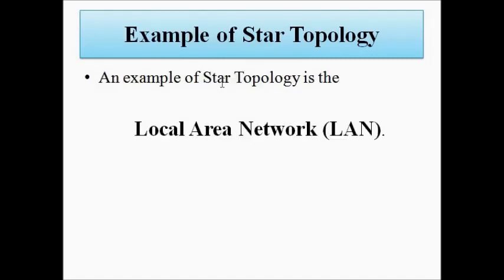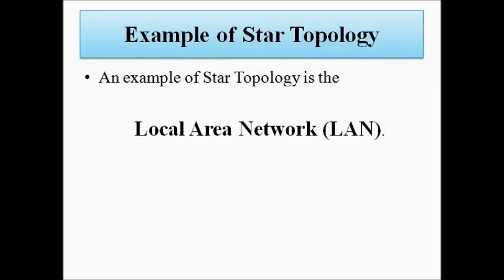An example of star topology is the local area network, LAN connection, which we use in any private organization, such as to get internet, in offices, in schools, in our homes. So this LAN connection is an example of star topology. We'll discuss LAN in detail in a separate video.